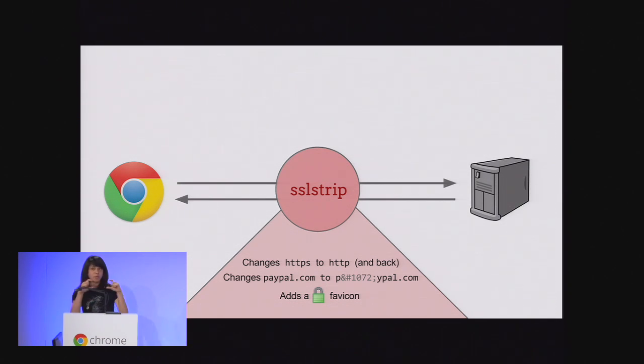As I mentioned, most people don't type it directly into their browser. They're either clicking a link or getting redirected from a site. So there's this window of opportunity for somebody to man in the middle and replace outbound links that are intended to be HTTPS with HTTP and back. And also, it does some homograph-style URL replacement, and it even throws in a lock icon. So people that are looking for that as a sense of security get that warm, fuzzy feeling, but unfortunately without the security.